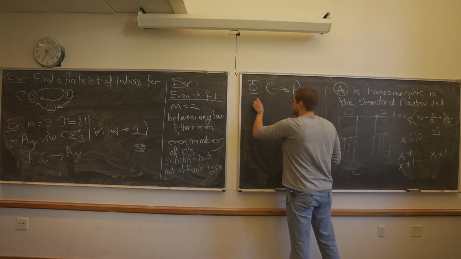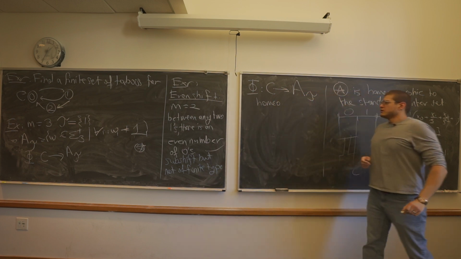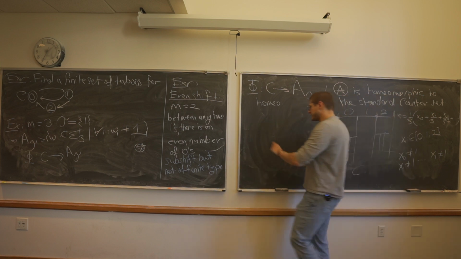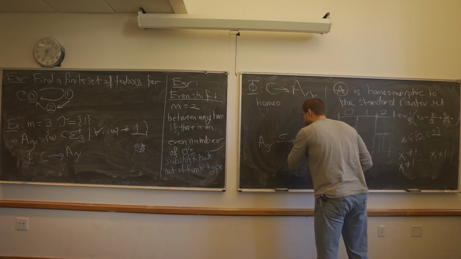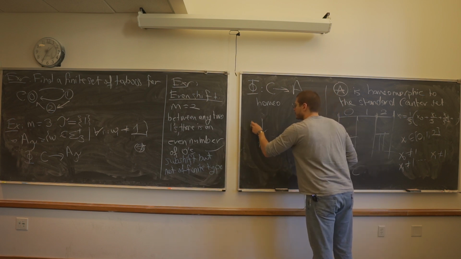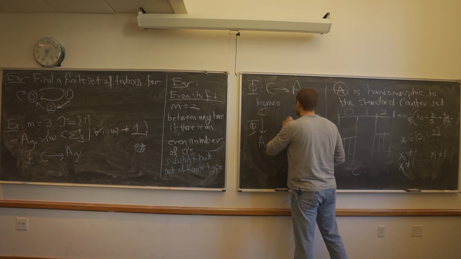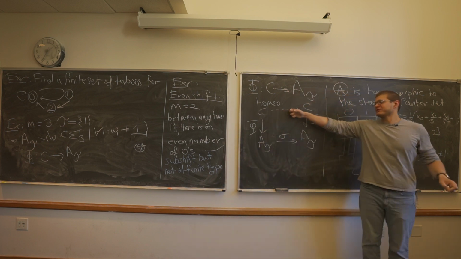And it's a homeomorphism. Now, what is the shift here? What is the dynamics here? It's a shift. And you have this. I'm asking for the dynamics on the Cantor set.